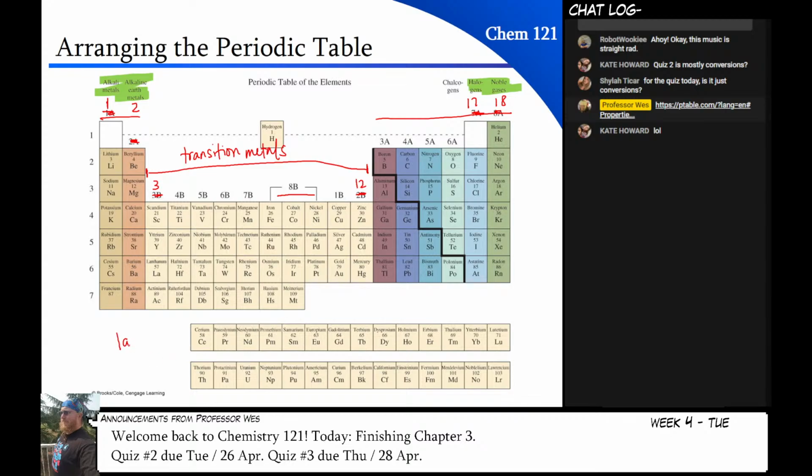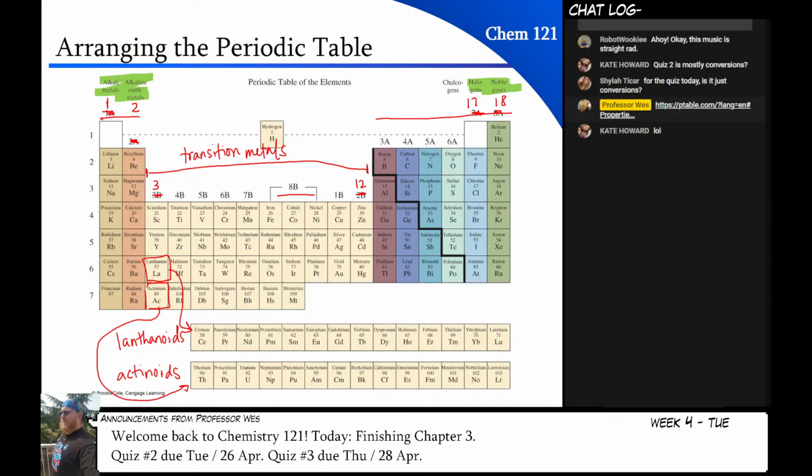Down here, these are called the lanthanides, or lanthanoids, I guess I should say, and actinoids. And the reason for that is because these elements, lanthanum and actinium, are the start of the shortcut. And so they're written there.